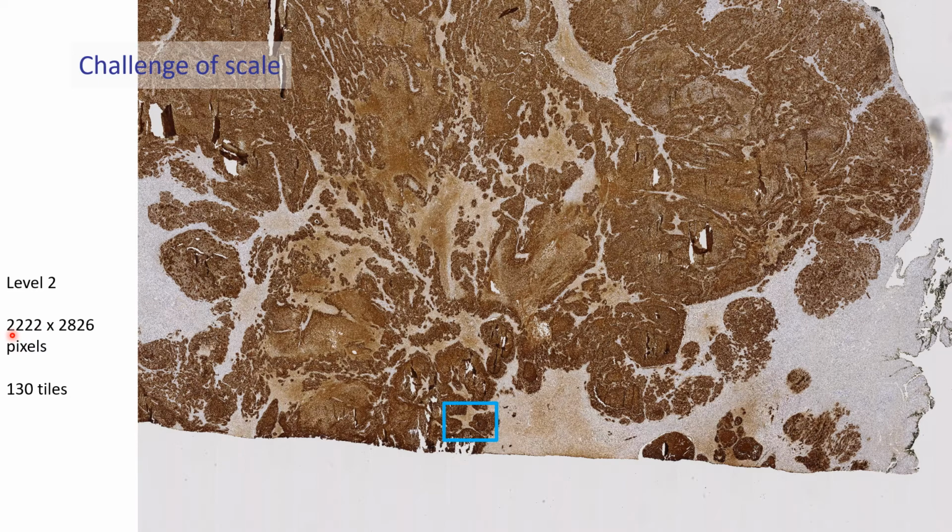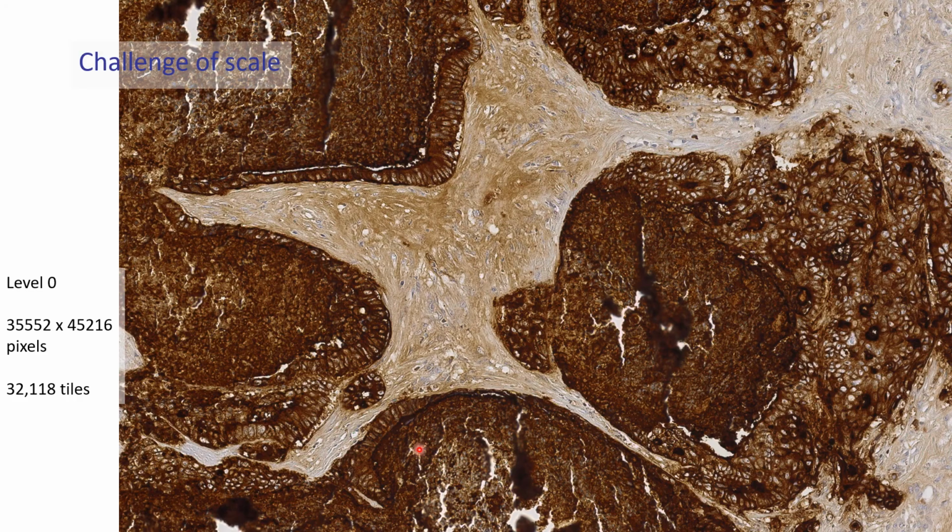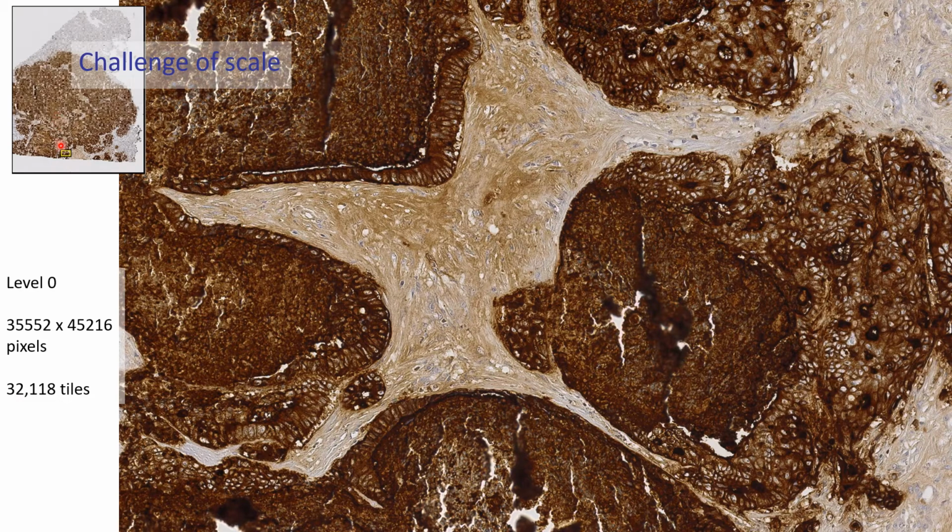We're now at over 2000 by 2000 pixels for the whole slide image, and over 130 tiles in that image. If we go down to the next level, we're into even larger images, and this is where we come to the full resolution of the image. To show the whole image on the screen, we'd need 32,000 tiles. So this image here is just this small area on this slide here.